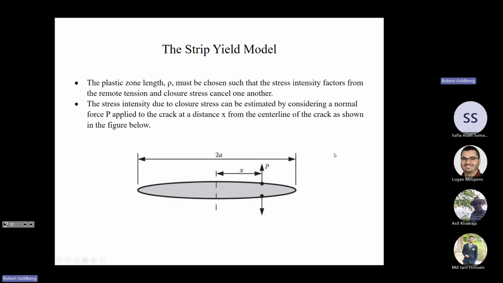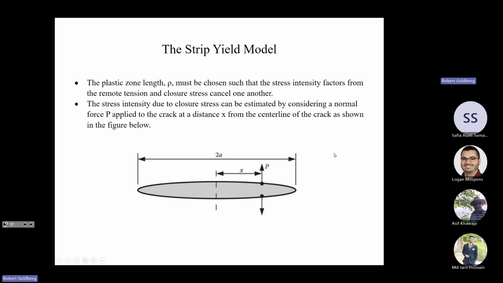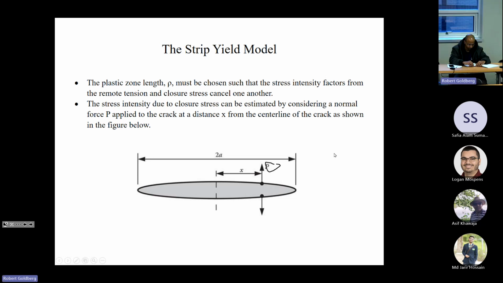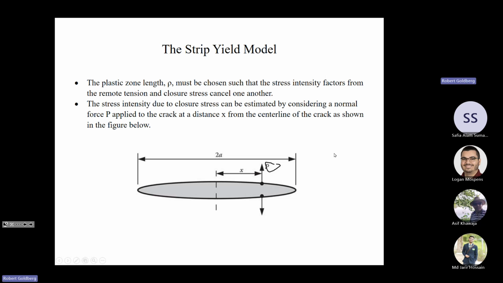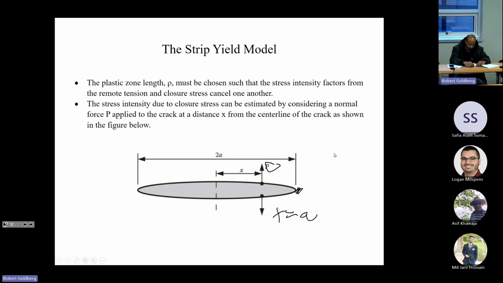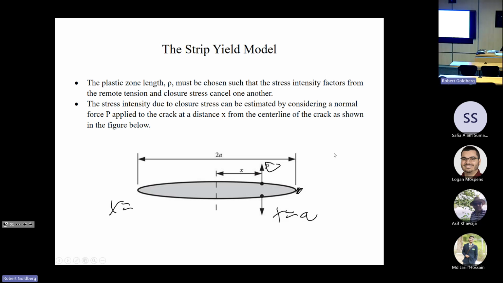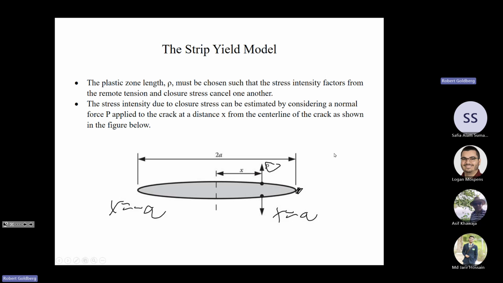So what we do is we consider a normal force P applied at some distance x from the center line of the crack. And we need to look at the stress intensity factor at this crack tip where x is equal to a, and at this crack tip over here where x is equal to negative a.